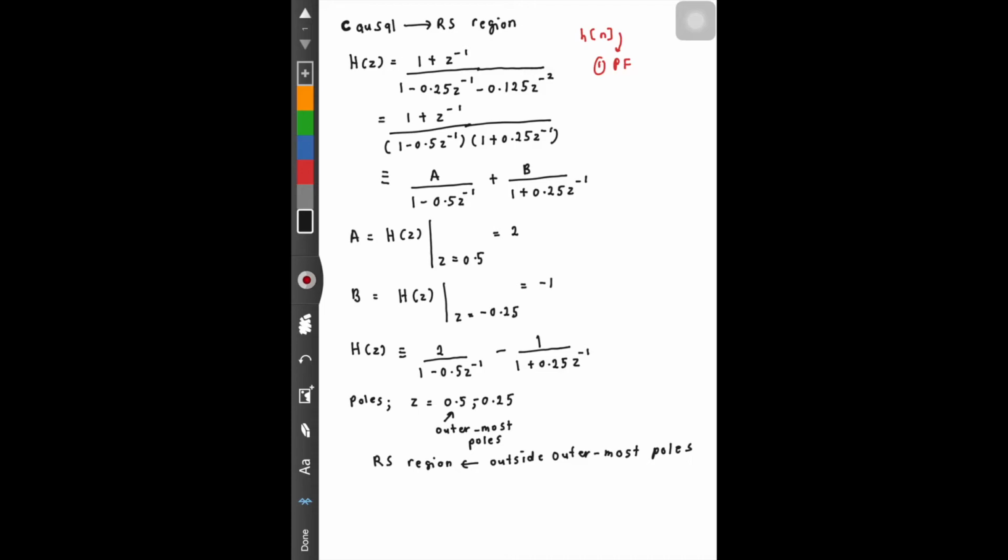Why do we just look at right-sided? Because the system is a causal system. So your right-sided region will be |z| greater than 0.5. From here you can determine h[n].